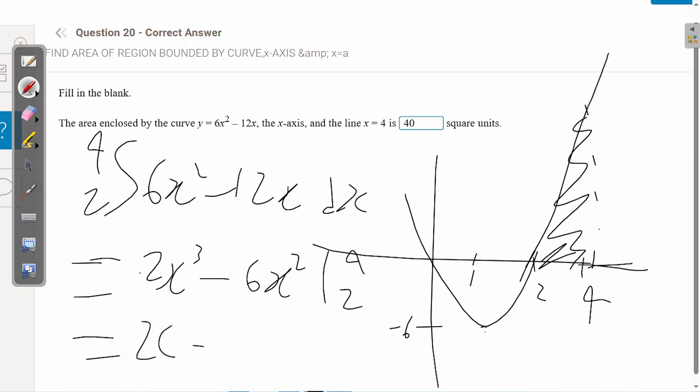So it's 2 times 4 cubed minus 6 times 4 squared, and that will be equal to 32 minus 2 times 2 cubed minus 6 times 2 squared, which will be negative 8, so minus a negative is plus, so it's going to be 40.